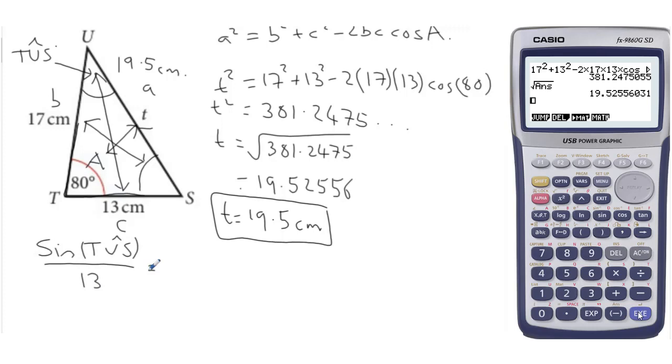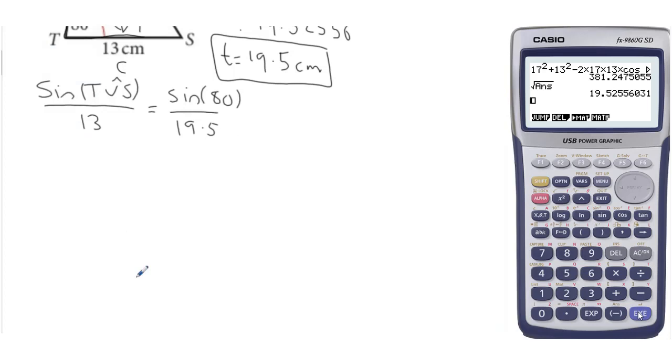So equals 19.5 is the side, it's on the bottom, and it's sine of the angle opposite, which is 80. So sine of TUS must be 13 times sine 80 over 19.5.